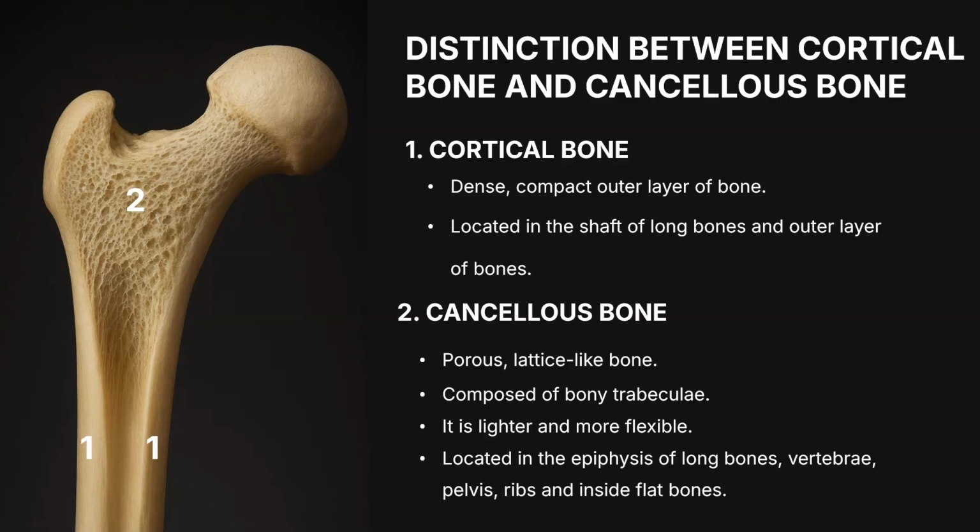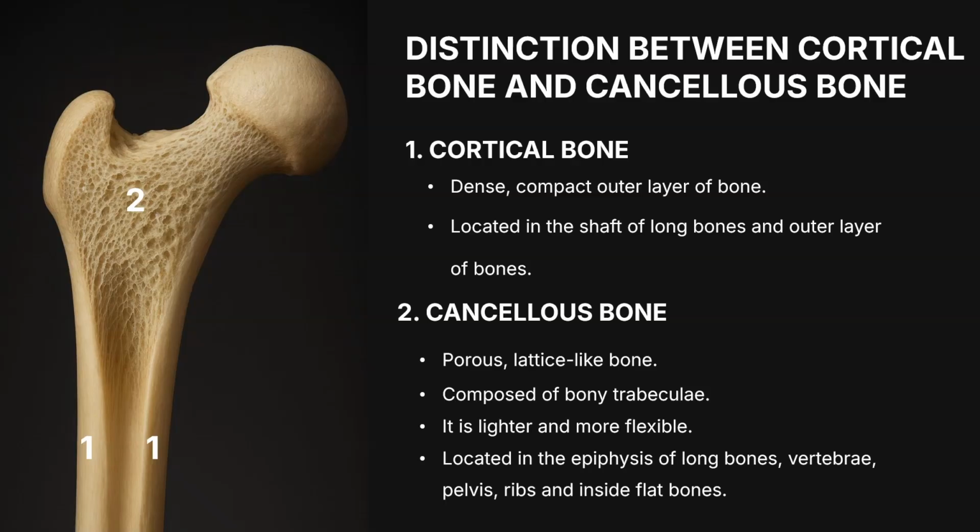Bones are made of two main types of tissue: cortical bone, commonly known as compact bone, and cancellous bone, also called spongy bone or trabecular bone. Cortical bone is solid, dense, and hard. It forms the tough outer shell of bones. Due to its strength, it provides structural support and protection. Cancellous bone, on the other hand, is porous and honeycomb-like.